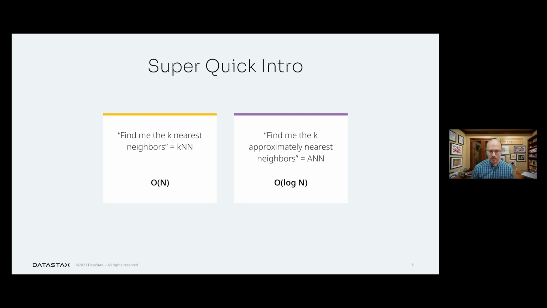And you can actually get down to logarithmic queries if you are willing to say, I can live with approximate results instead of exact results. So this is usually abbreviated ANN, approximate nearest neighbors, and we can do logarithmic query time with that.